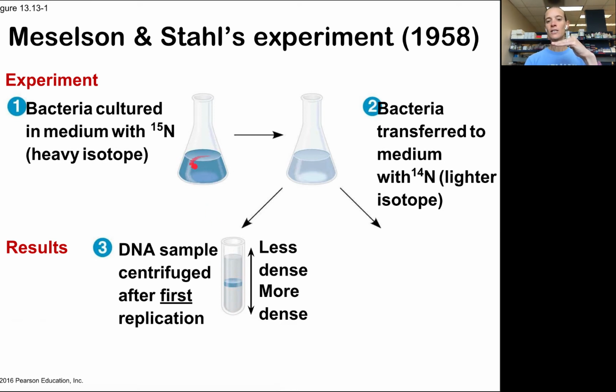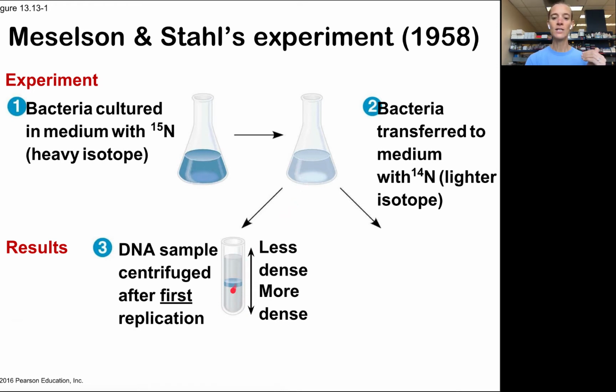A heavier isotope will migrate further because it is denser than a lighter isotope, which will remain higher up. We know that the original strand was composed of a heavier isotope and the newer strands will be composed of lighter isotopes.